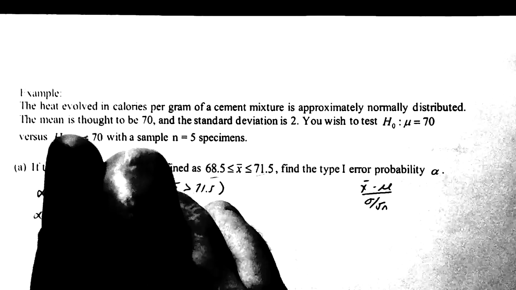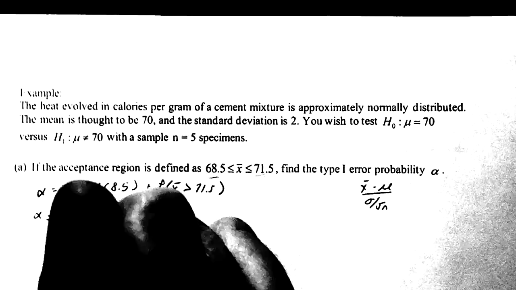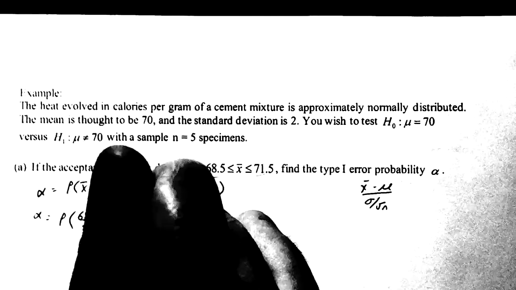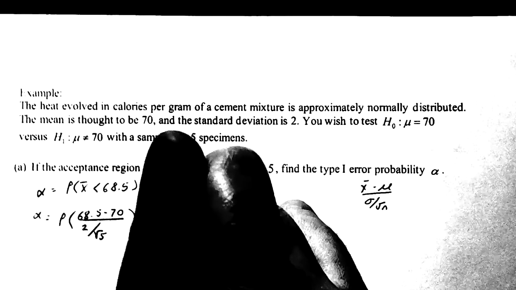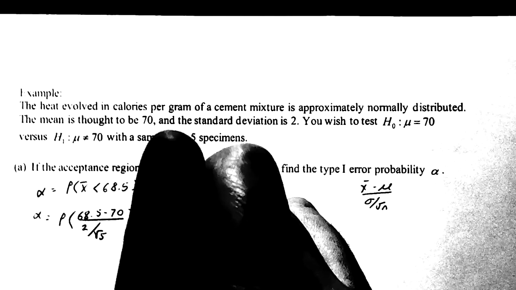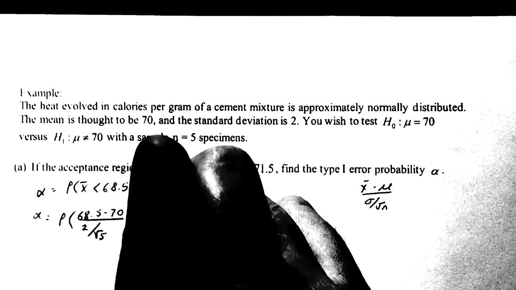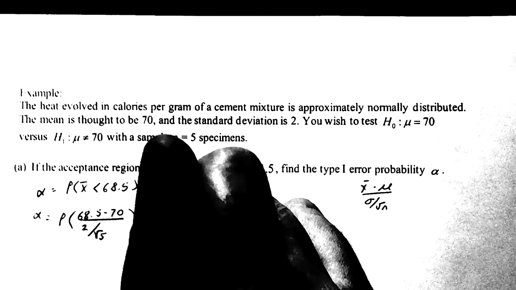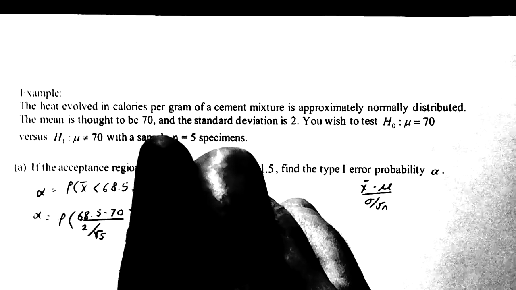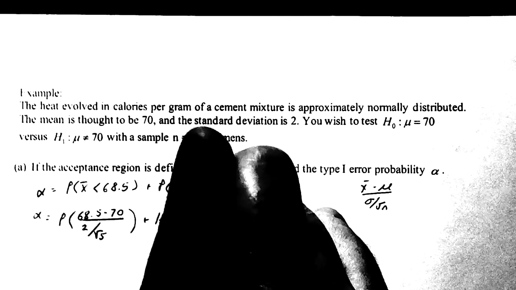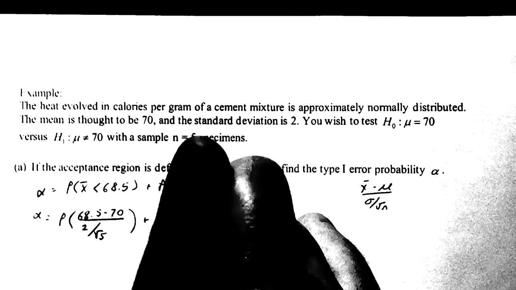So alpha is equal to the probability of Z less than (68.5 minus 70) over (2 divided by the square root of 5), plus, again, 1 minus the probability of Z being less than (71.5 minus 70) over (2 over the square root of 5).